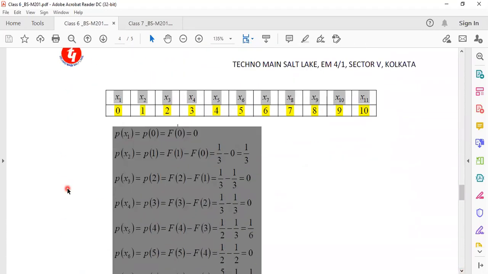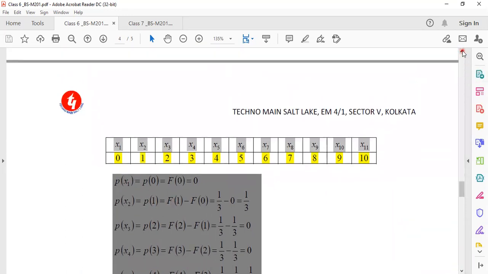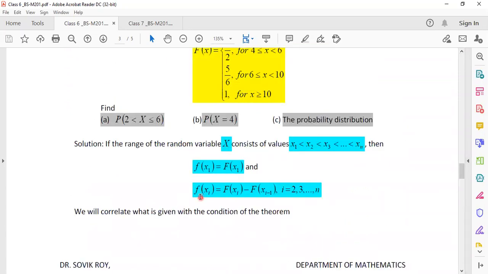And similarly, P of x2 can be calculated. P of x2 is P1. It will be calculated using this formula, P of xi. Here I'm using the notation P instead of F, so don't get confused that in the theorem F was written. Notations can be changed according to your wish. I am writing P because in the question they have mentioned capital P, so I didn't want to distort the system.